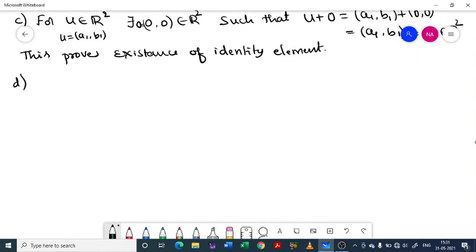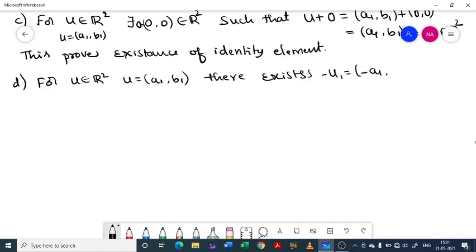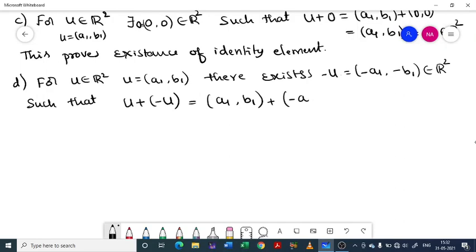D, for u belongs to R square, u equal to a1 b1, there exists minus u equal to minus a1 minus b1 belongs to R square such that u plus of minus u equal to a1 b1 plus of minus a1 minus b1, which is equal to a1 minus a1, b1 minus b1.